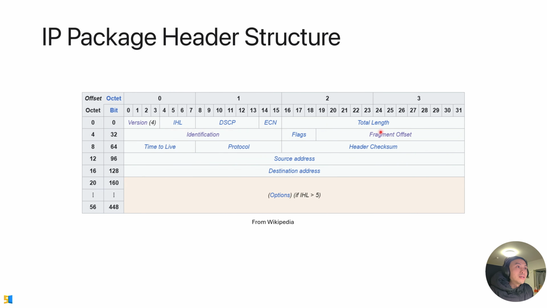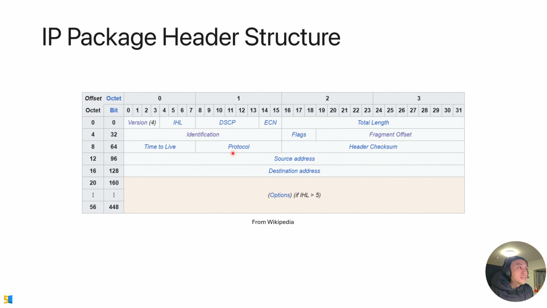Total length is the total length of the entire package. And everything in the second row is for IP fragmentation. That is something that we are going to check together. Time to live. This is also something that I will share with you.